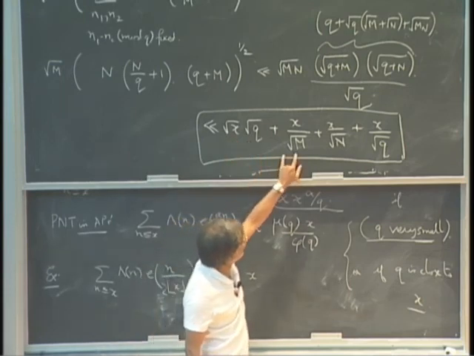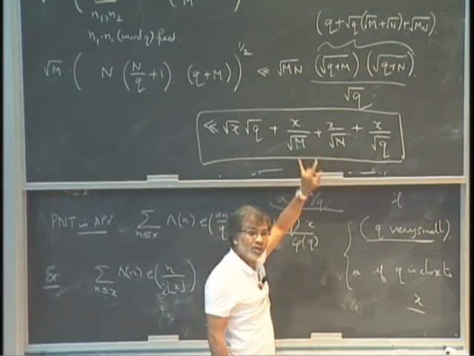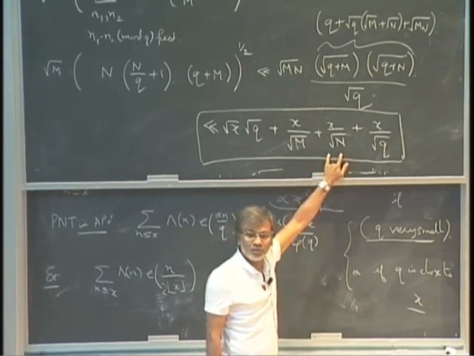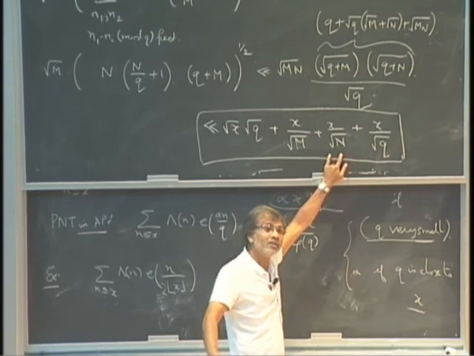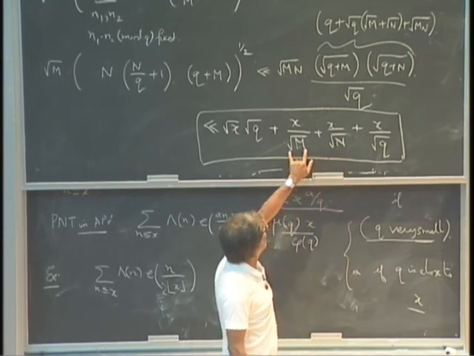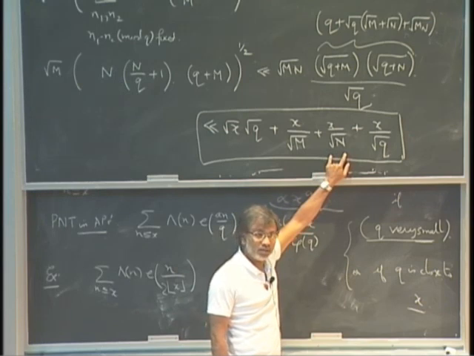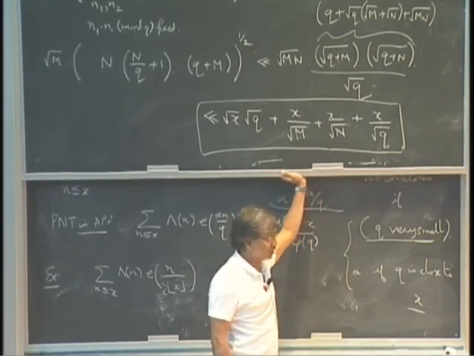Otherwise, you have a bilinear form, and we know that in a bilinear form, like we did in Bombieri-Vinogradov, you save something provided both of the variables in your bilinear form are suitably big. If one of them is small and the other is big, you don't gain anything, but otherwise you gain the minimum of 1 over square root of m and 1 over square root of n. Right? So this is exactly the same as the argument using the large sieve in the proof of Bombieri-Vinogradov.